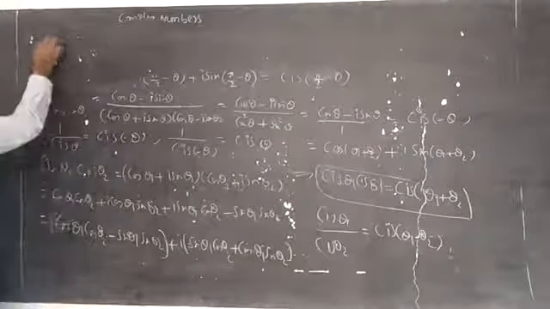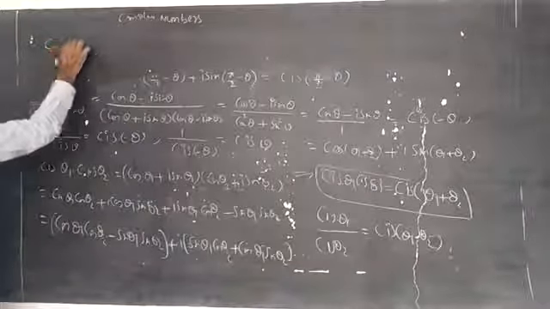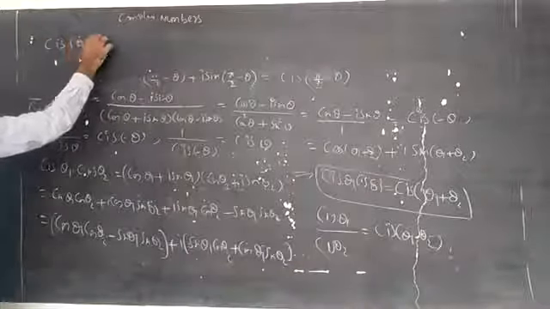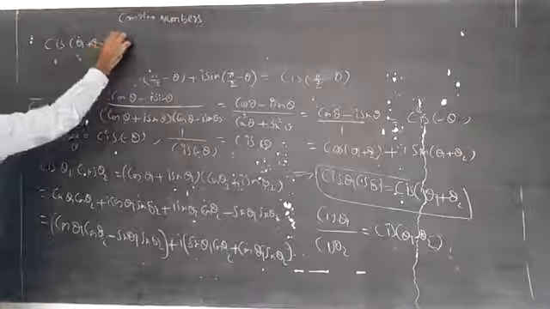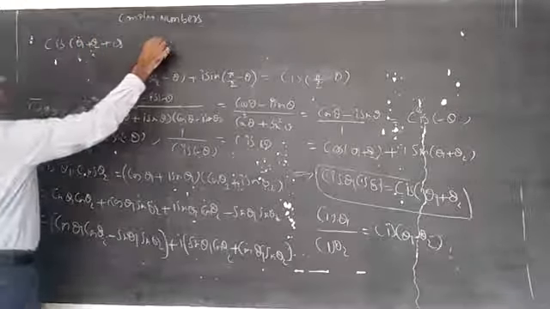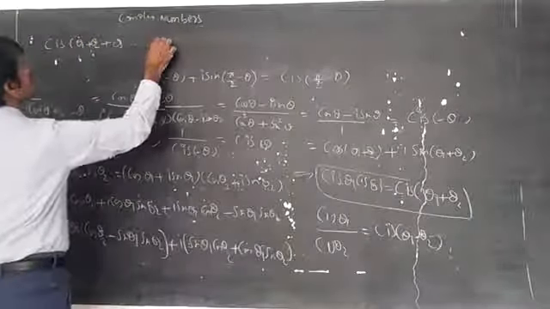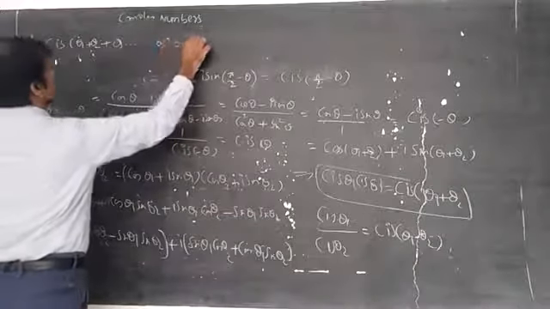Next formula, you can write cis of (theta 1 + theta 2 + theta 3 + and so on + theta n) is equal to like this.